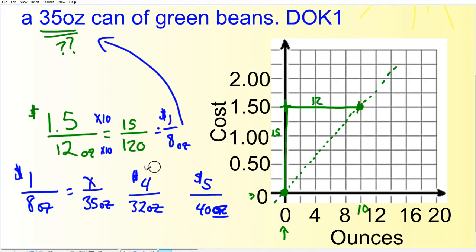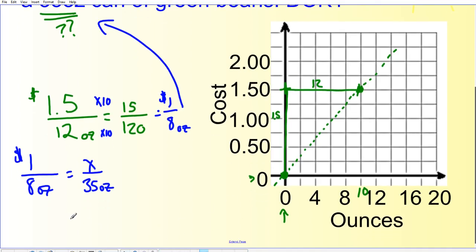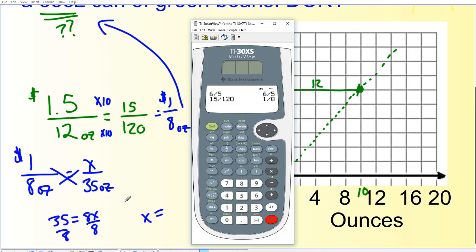I don't know. But we can solve from here, right? So if we cross multiply here, boom, boom, 35 on one side, 8x on the other, divide by 8, and x equals 35 divided by 8, which is $4 and we'll round it up to 38 cents. Because if this is money, you don't have 37.5 cents. So we're going to say $4.38.